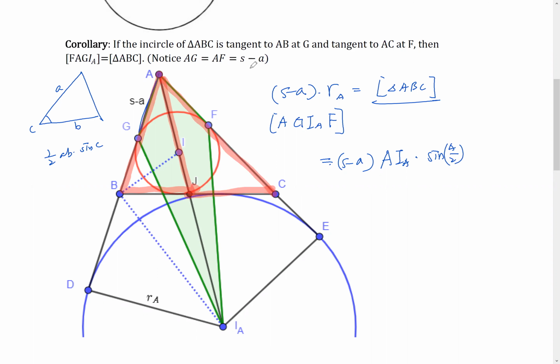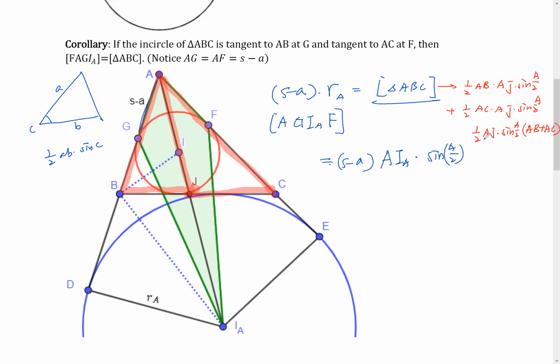That is equal to half AB times AJ times sin half A plus half AC times AJ times sin half A. If you add them up, we will get half AJ times sin half A times (AB + AC). So we are thinking maybe these two are equal.